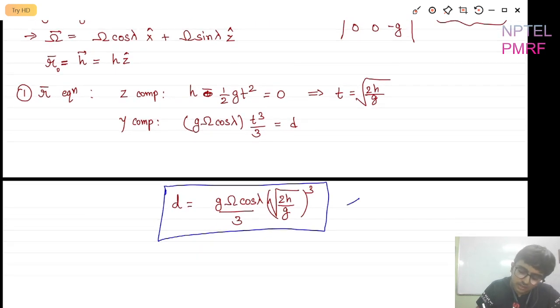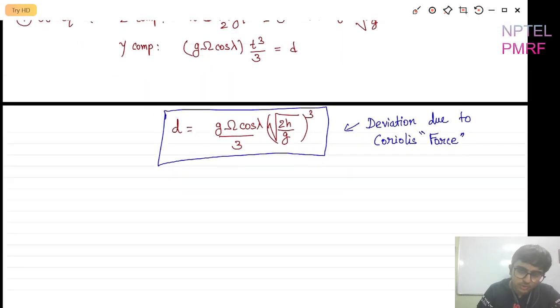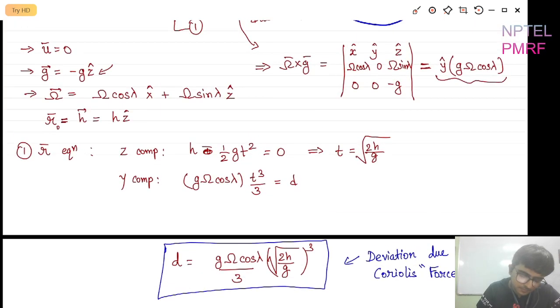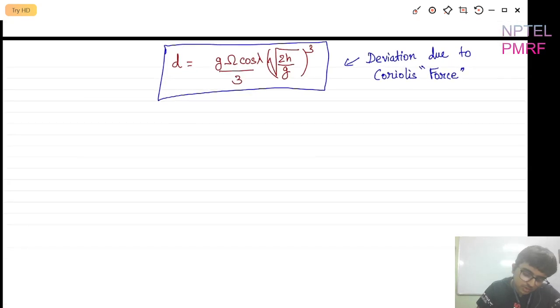Okay, this is the deviation due to Coriolis force. It is a force due to rotation, not a real force. Okay, so that was the first question.